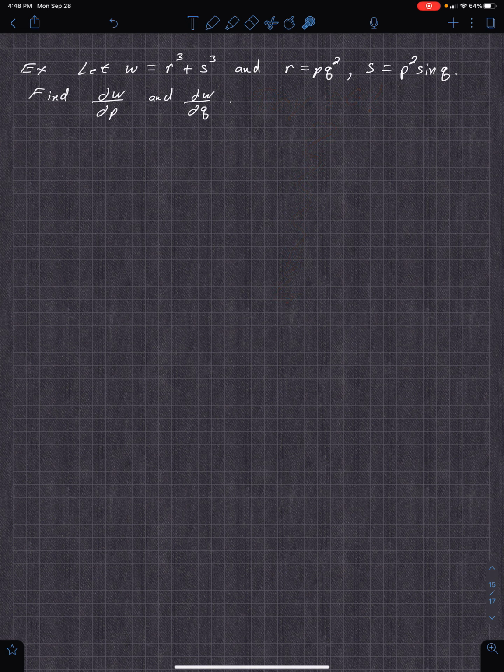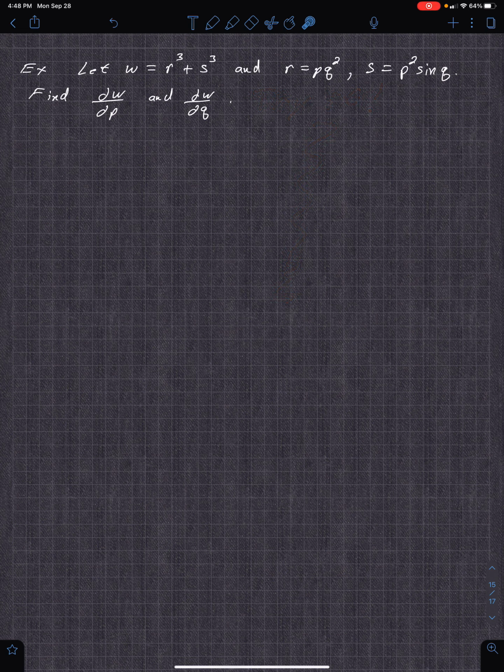Okay, so we get partial w with respect to p. So this is still the same case as above, because r and s are just functions of two variables. They're not adding another one, which in the next case I'll show you, we add another variable. So write out your partials. So this is partial the whole thing, which is w, with respect to, now pick one.